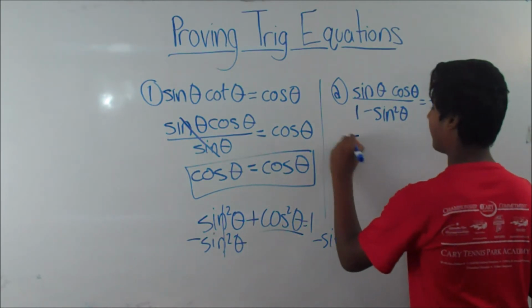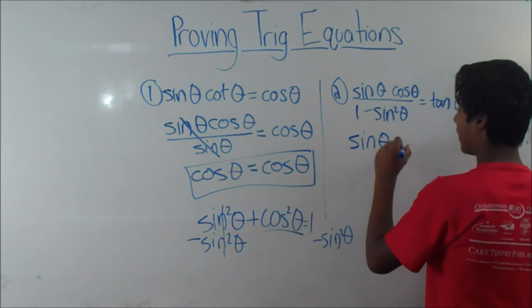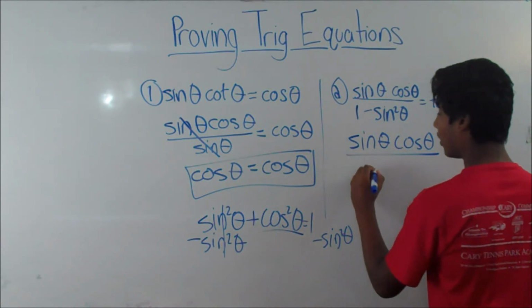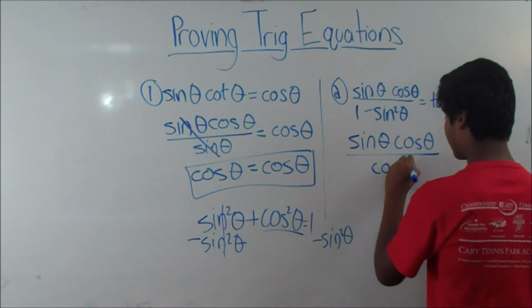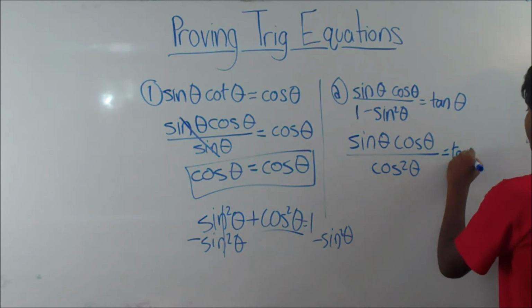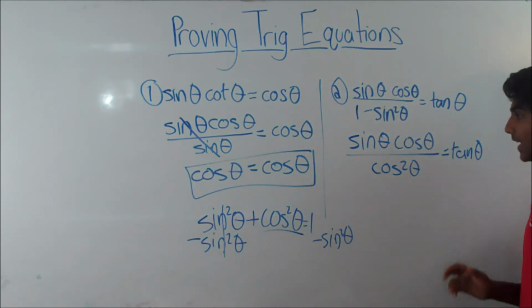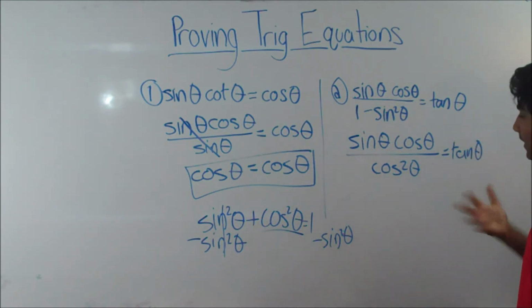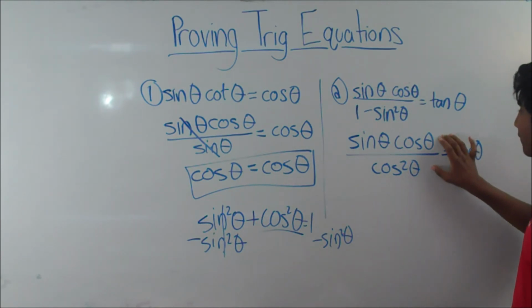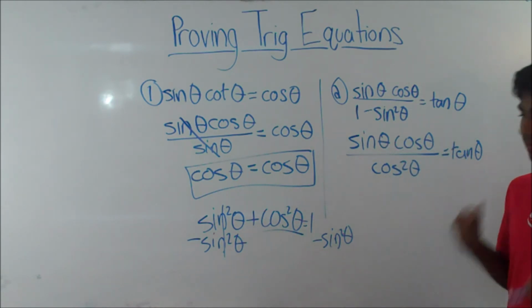So you would have sine theta cosine theta over cosine squared theta, and that's equal to tangent of theta. The next thing you do is simplify. If you have, for example, in a simple fraction, 3 times 2 over 4, you know that 2 and 4 both can be divided by 2, so you just say 3 times 1 divided by 2.